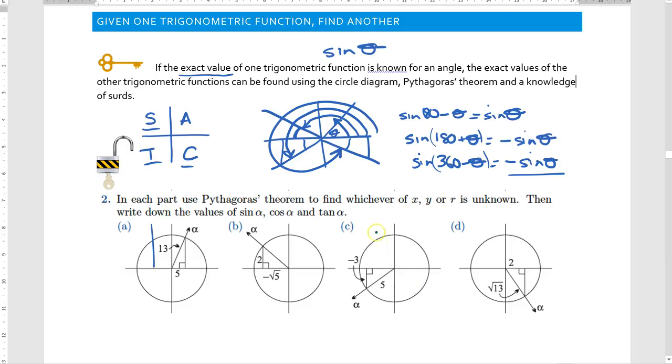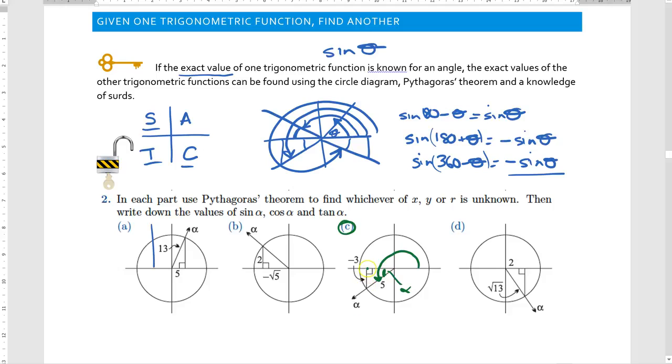So let's say we're going to have a look at C. So in C, we're talking about an angle which is this big, that's theta, but we work on the angle 180 plus theta. So that's this value in here, or alpha, I think it's called in this question.